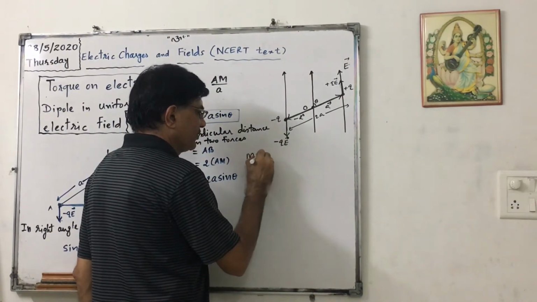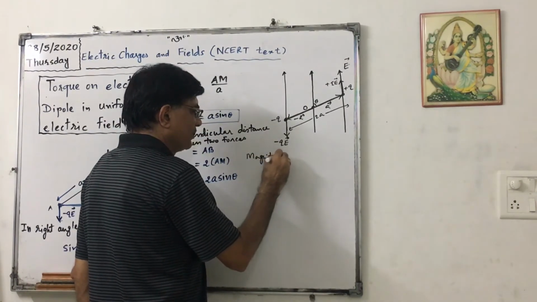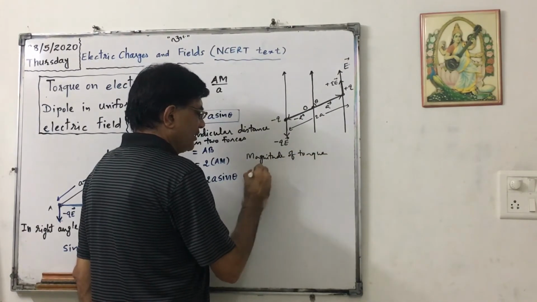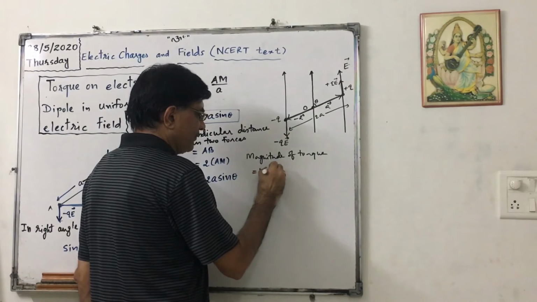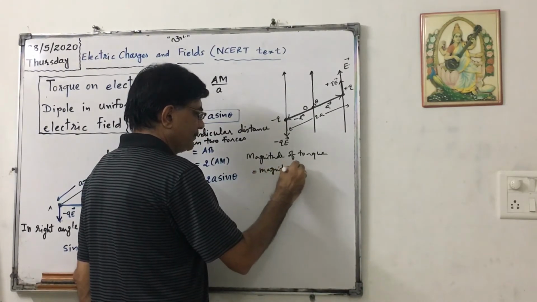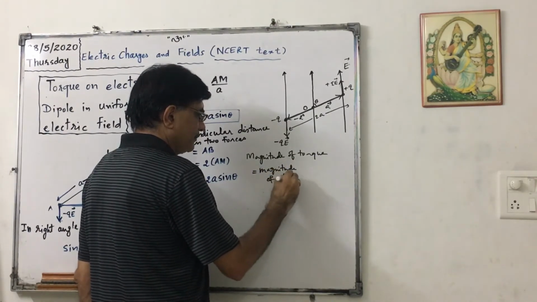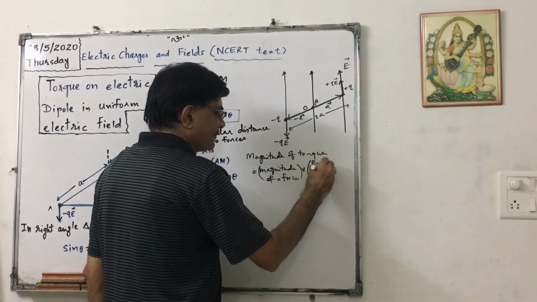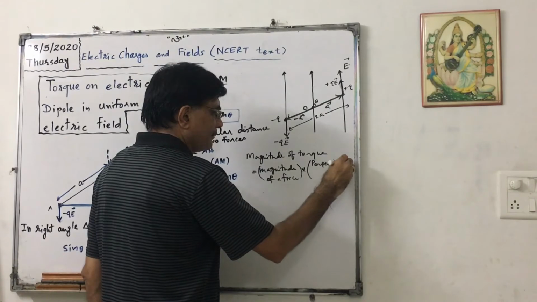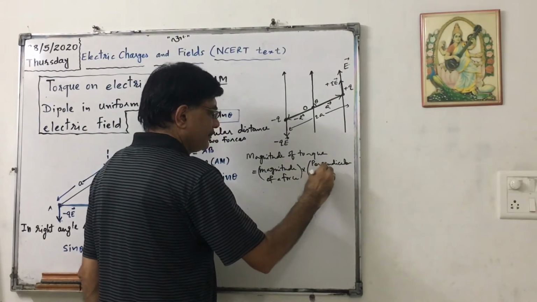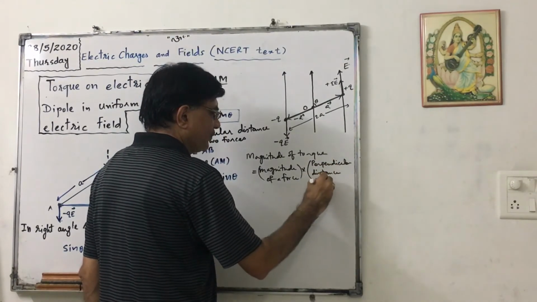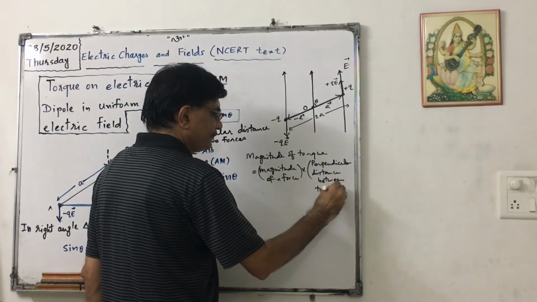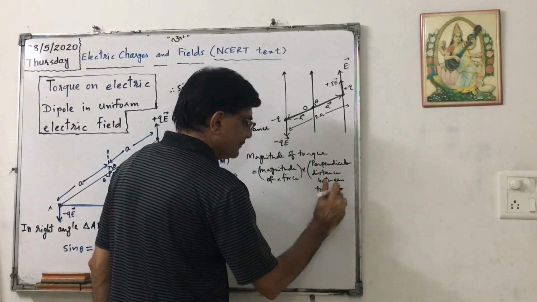Magnitude of torque equals to magnitude of a force multiplied by perpendicular distance between two forces, two anti-parallel forces.